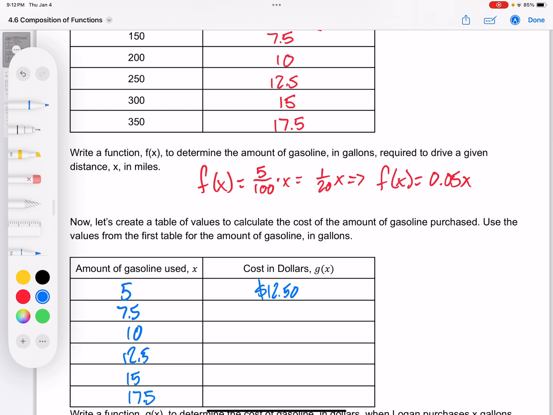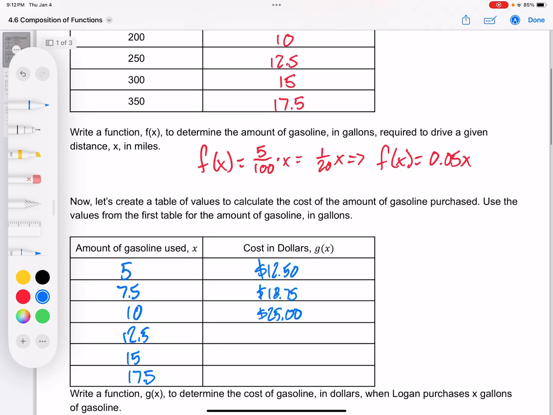And then times 7.5, we're going to add $6.25 to that. So $18.75. And then times 10, well, that's going to be $25. And then $31.25. 15 is going to be $37.50.